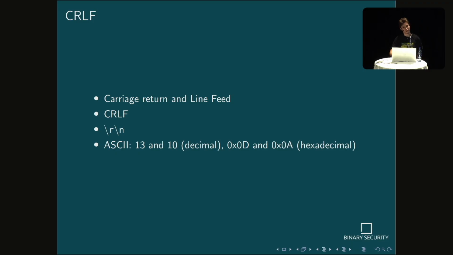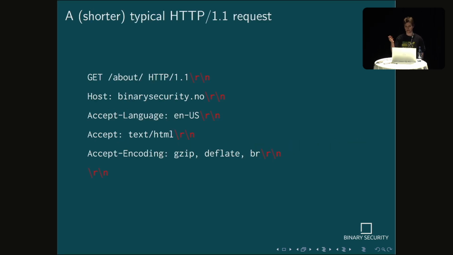So if you use, for example, Windows, you might recognize this as the way to make a new line in Windows text documents. This is also the way HTTP version 1.1 has decided you delimit the different parts of the request. So to make it clear what's happening, I'll always explicitly write out the CRLFs in my requests, but I'll also have a visual new line to make it easier to read for us humans.